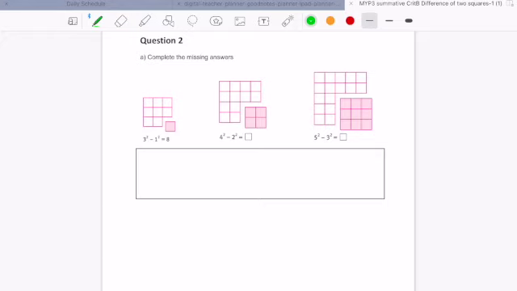So 4 squared is 16 minus 2 squared is 4, giving us 12 as an answer. And the second one, 25 is 5 squared minus 3 squared being equal to 9. 25 take away 9 is 16. And that's it for that question number 1.